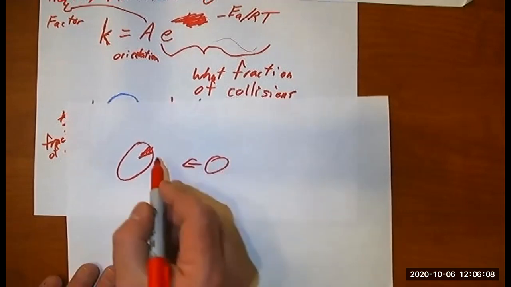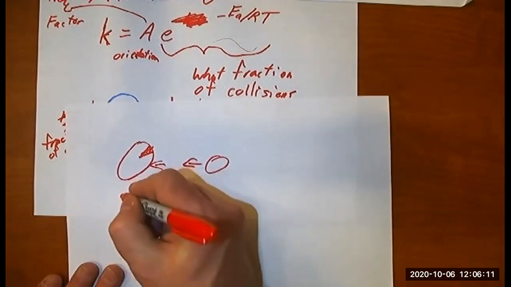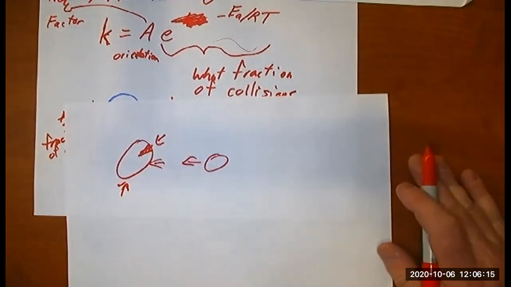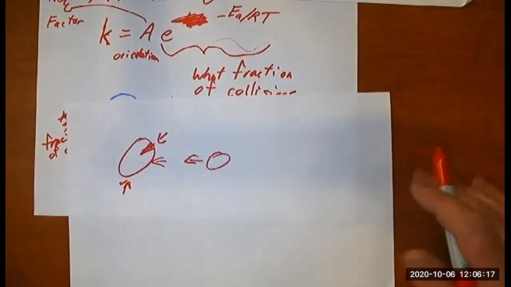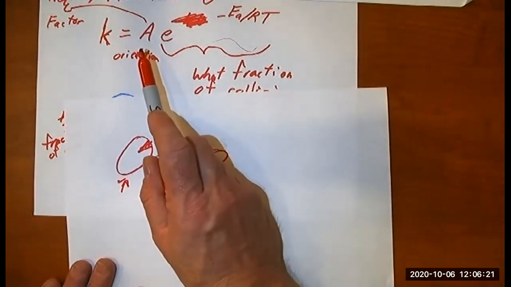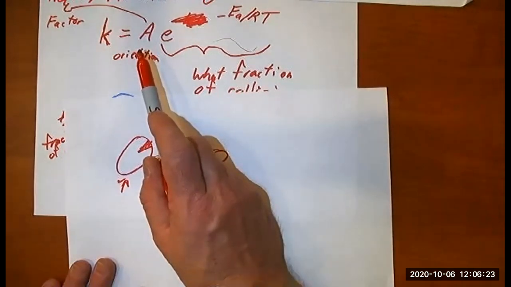So if it hits here, it's not going to react. If it hits here, it's not going to react. If it hits here, it will react. That is the kind of information that is encapsulated in this constant A, the frequency factor.